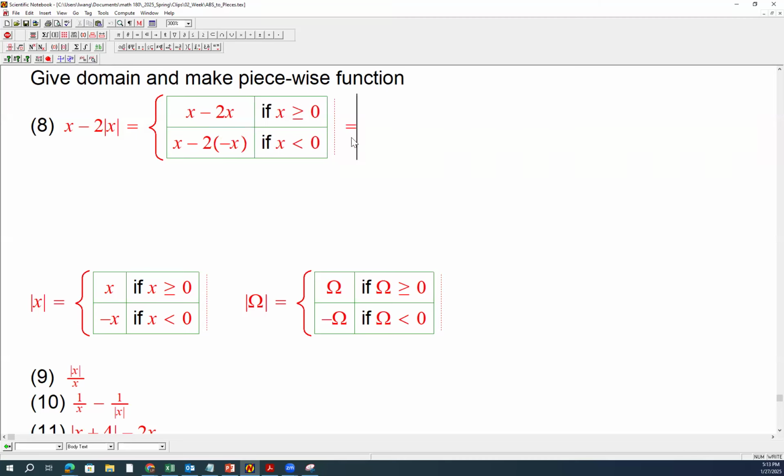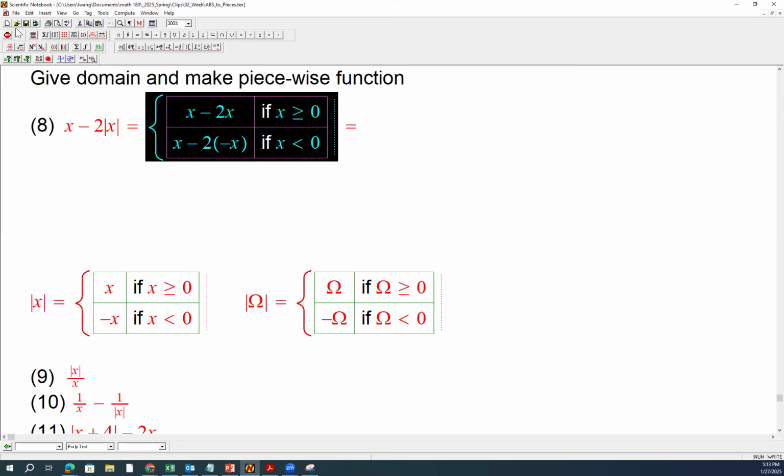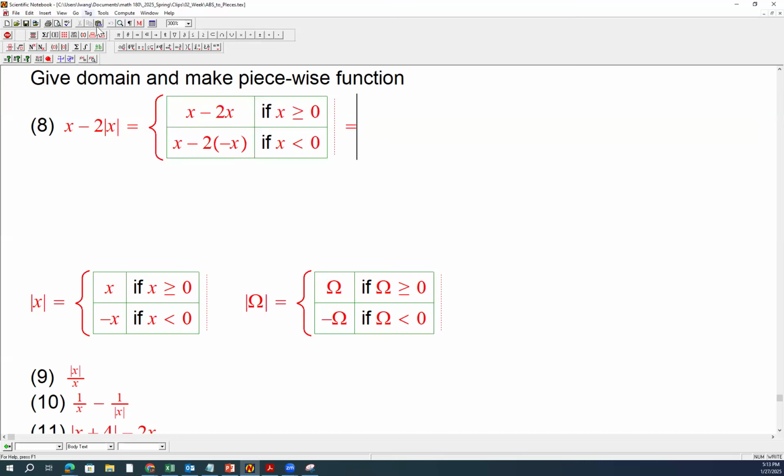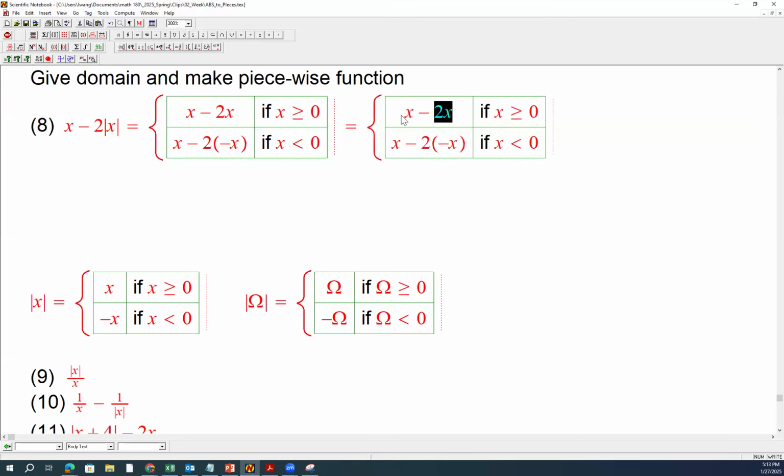And then simplify. So x minus 2x is negative x. x minus 2 times negative x, that's x plus 2x, so it's 3x. Do we need to change anything here? No, we don't need to.